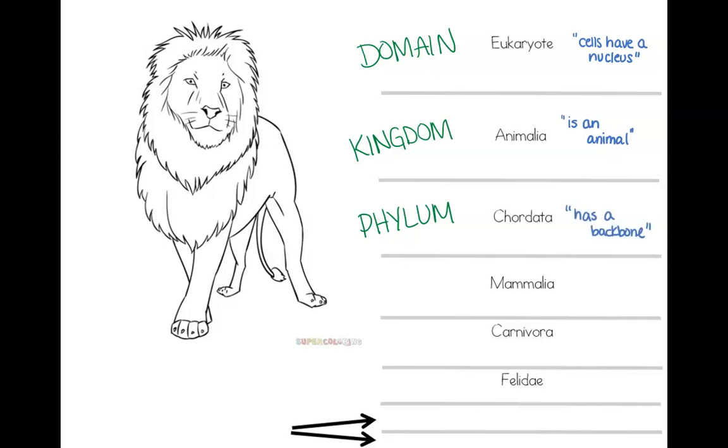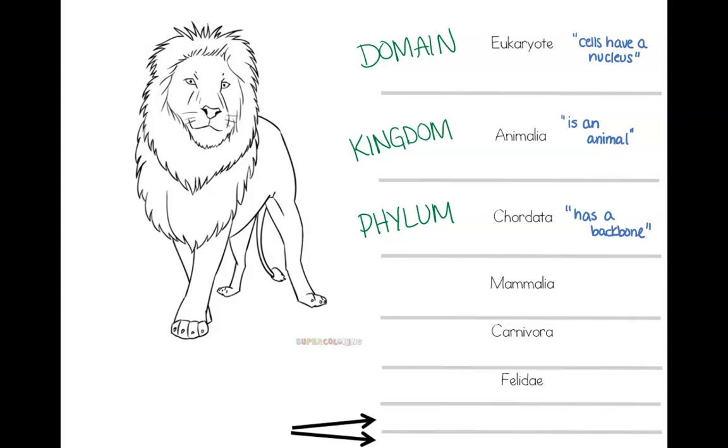Okay, and a chordate is a living thing that has a backbone. A living thing that has a backbone has something called a notochord. In humans, that is our spinal cord, right? And our spinal cord goes through our spine or our backbone.